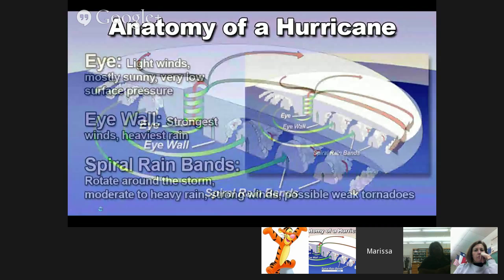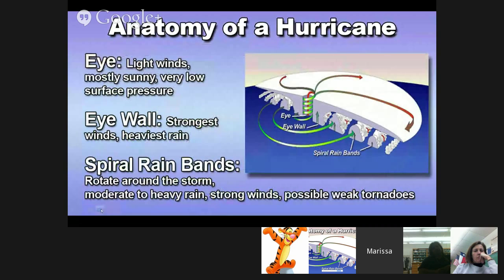So upon closer inspection, this is what we notice about these various parts of the hurricane. The eye, which is the center of the hurricane, is where the lowest pressure is. Remember, this is just a giant area of low pressure. But it turns out that the winds inside the eye of a hurricane are actually light. You have to actually get away from the center of the hurricane and get into the eye wall where you find the strongest winds and the heaviest rain.